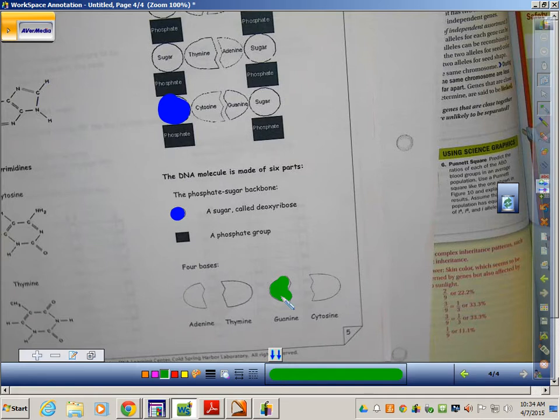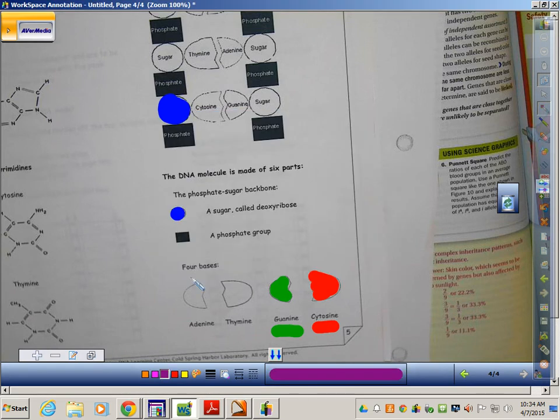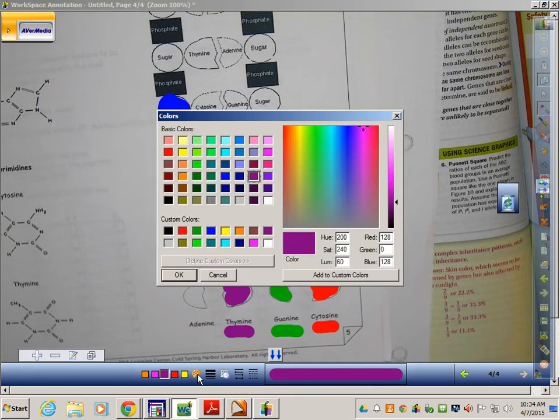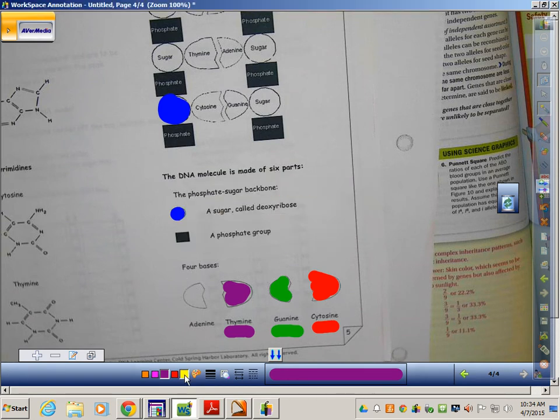I need a color for the other pyrimidine. Red. Cytosine's going to be red. What color are we going to make thymine? I heard purple. Be careful, we got to have color marker for it. I heard yellow. You want yellow? T? Okay. Yeller.